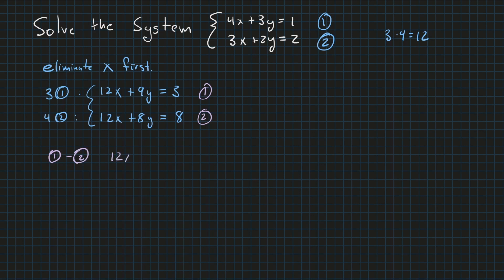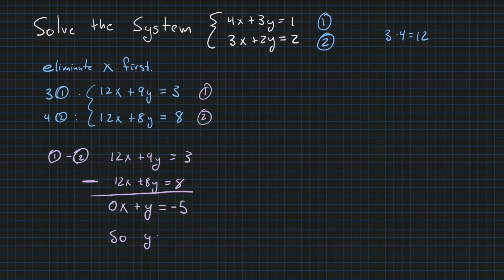So I have 12x plus 9y is equal to 3, and I'm going to subtract off 12x plus 8y is equal to 8. And see what we get. Well, 12 minus 12 gives us a 0x. 9y minus 8y gives us just a single y. That's quite nice. And then 3 minus 8 gives us a negative 5. So then y is equal to minus 5.